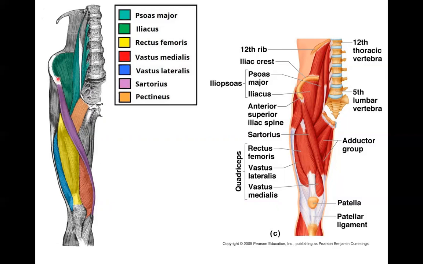The Sartorius originates up at the anterior superior iliac spine, and then it crosses the thigh and extends down to the medial surface of the tibia. And so it crosses the hip joint and can cause movement at the hip.